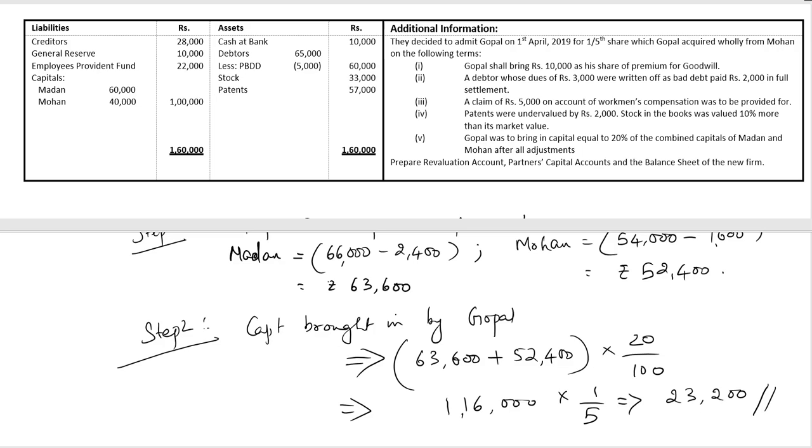So the capital to be brought in by Gopal is 23,200 rupees.